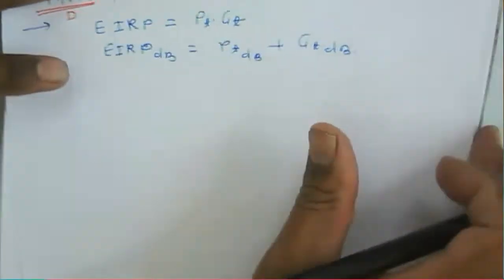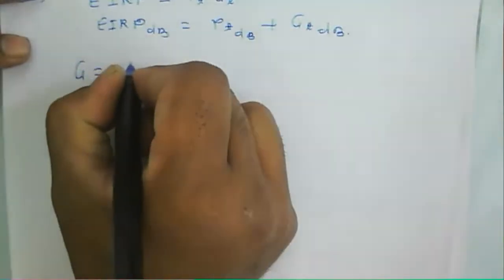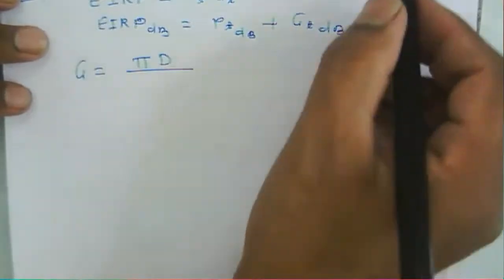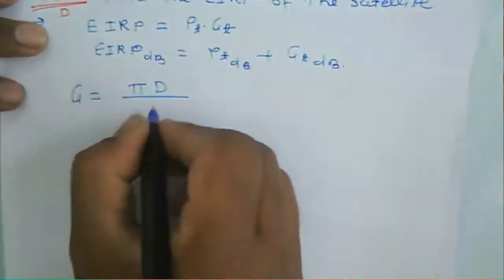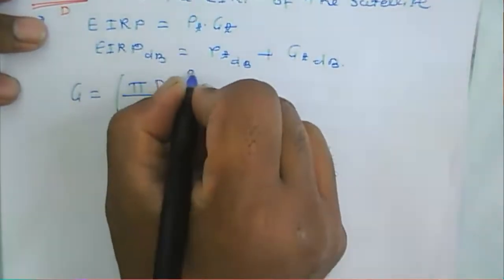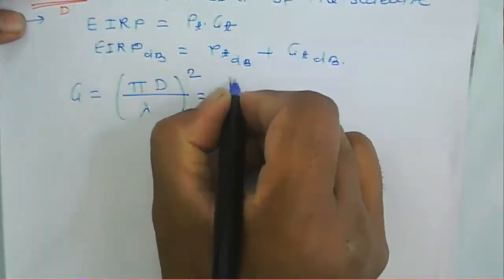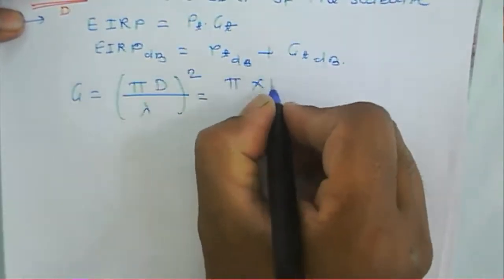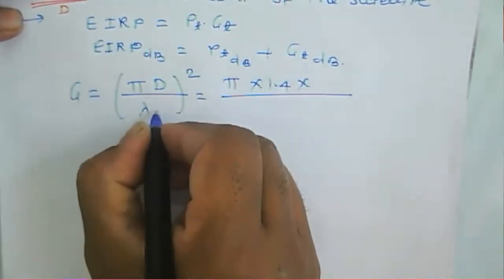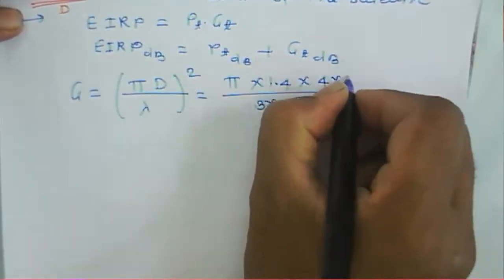The antenna diameter is given, so it is a dish antenna. For a dish antenna of diameter D, the gain is pi into D by lambda, whole square. Now we can calculate it, where D is the diameter, and lambda is c by f. c is 3 into 10 to the power 8, and f is 4 into 10 to the power 9.